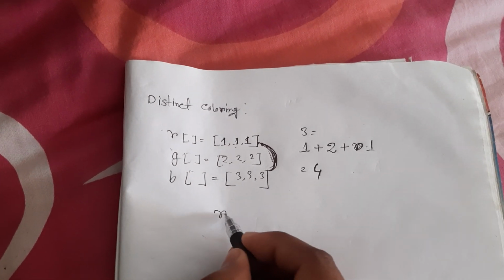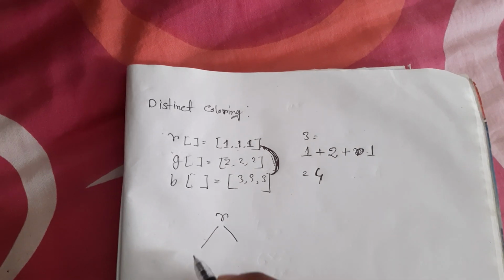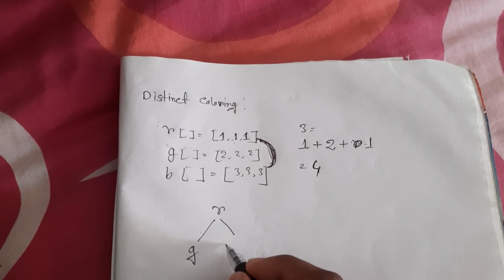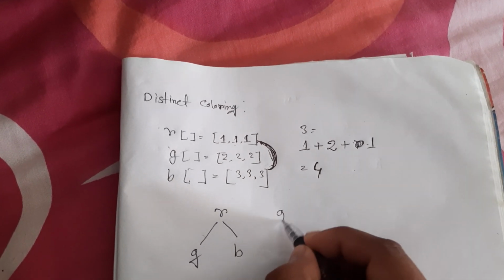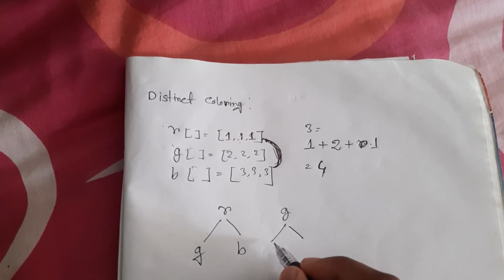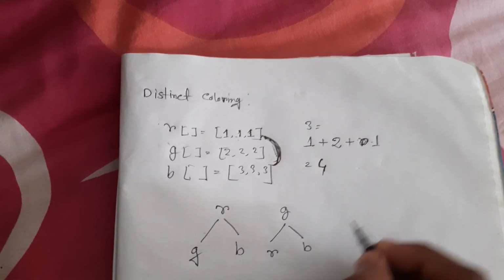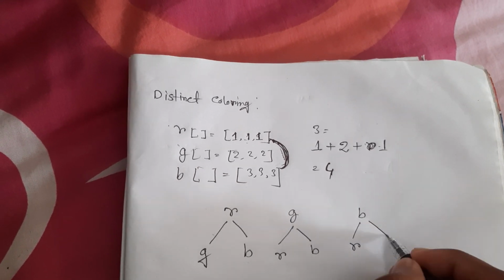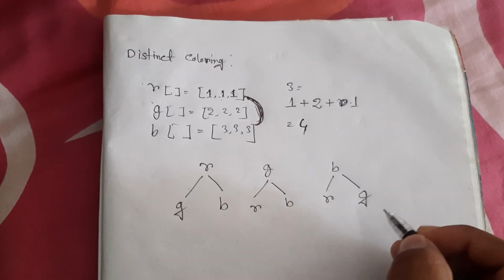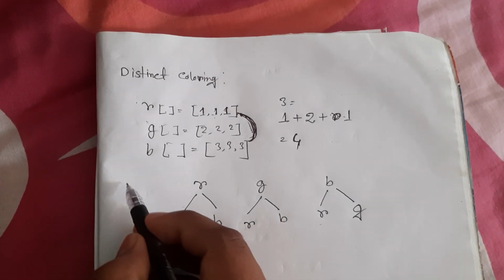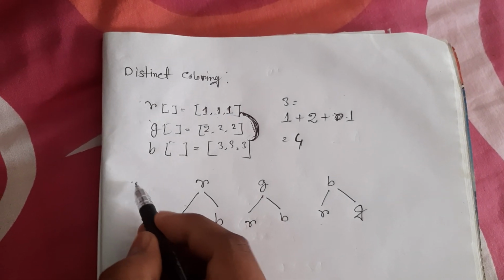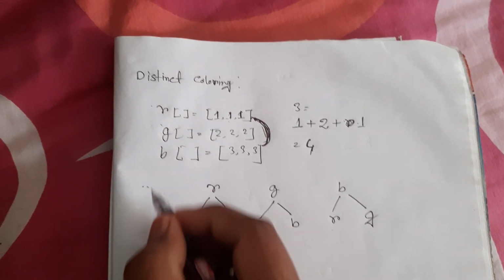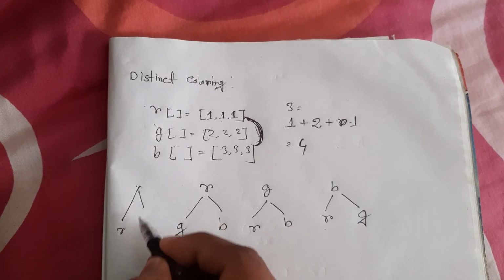If you choose red, then you have the option to go to the next house with green or blue. If you choose green, next time you have red and blue. If you choose blue, then you need to choose the next house with red or green. And at initialization, you have 3 options: in the first position you have red, green, blue.